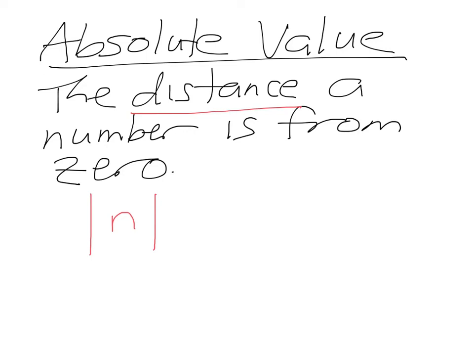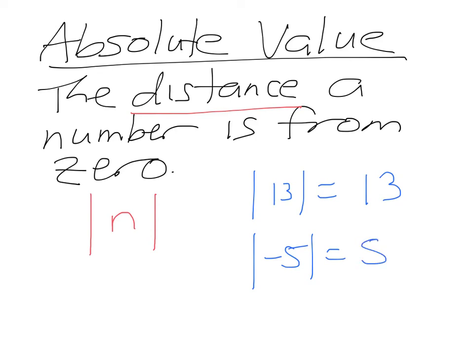So, for example, if I said to you, what is the absolute value of 13, you would tell me that it is 13. If I said the absolute value of -5, you would tell me that it is, gotcha, it's not -5, it is 5, because it's the positive distance.